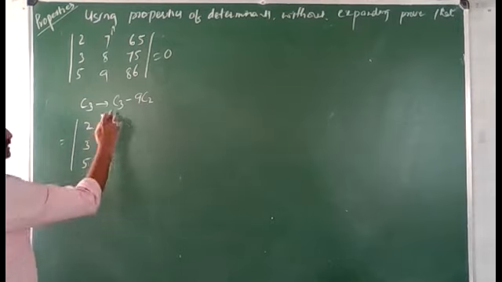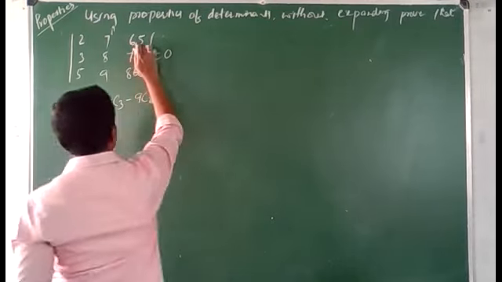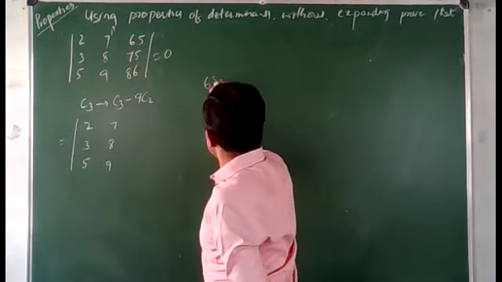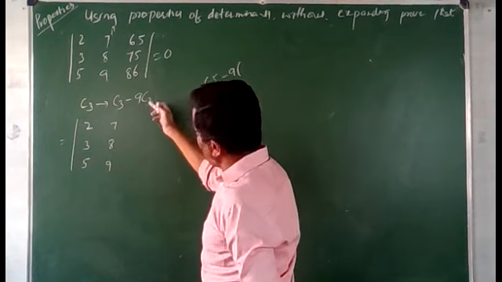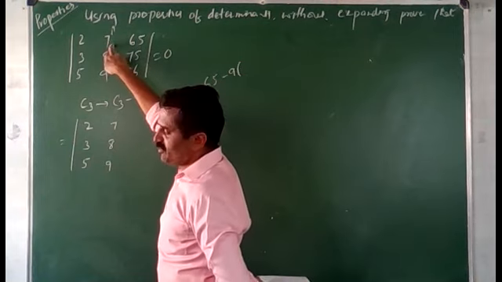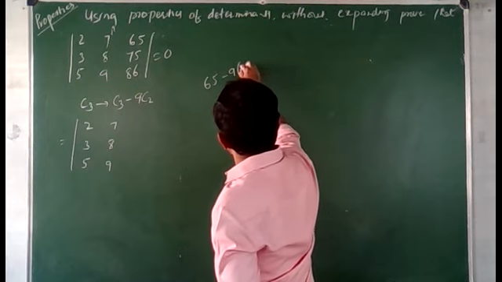Now C3 minus 9 times C2. What is C3 here? 65. 65 minus 9 times the corresponding C2 element, which is 7.